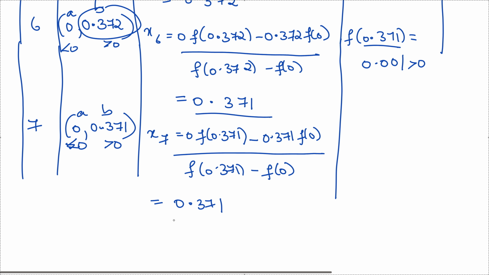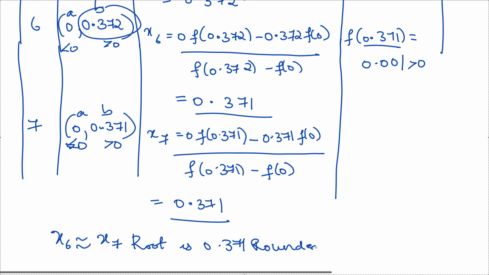So we are getting repeated values of x, right? So x6 is approximately equal to x7. So we can say that the root is 0.371 rounded to 3 decimals.